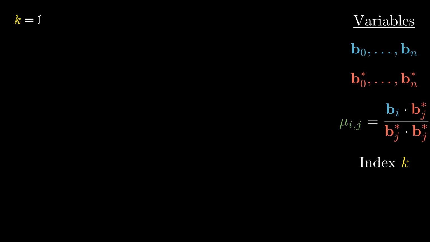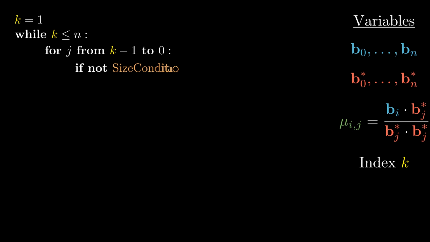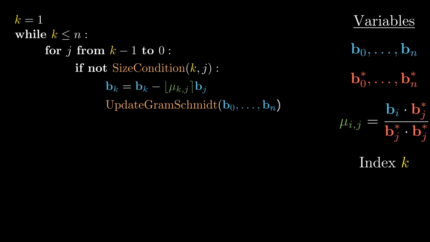We initialize k at the value 1, and we keep looping until k is greater than n. That is to say, we keep looping until we have a full rank provisional basis. We then loop over all values j less than k, and we check a certain size condition based on the indices k and j. If the working vector does not satisfy this size condition, we update the working vector bk by subtracting off the rounded Gram-Schmidt coefficient mu kj multiplied by the basis vector bj.